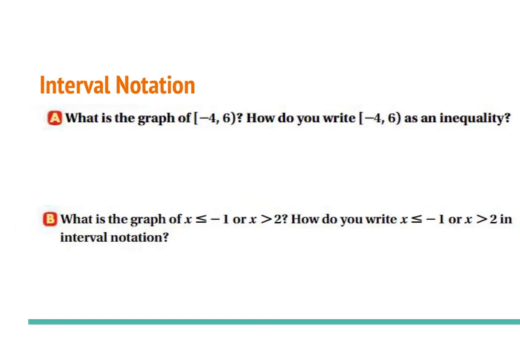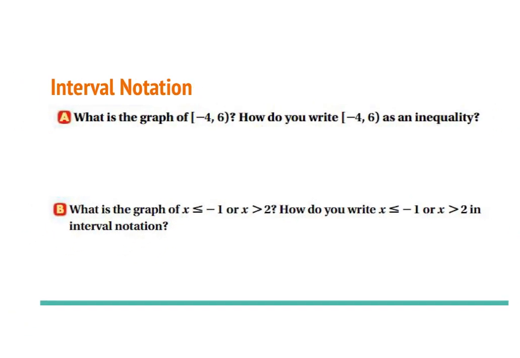All right, so we're going to go ahead and try one of these. What is the graph of [-4, 6)? And how do you write [-4, 6) as an inequality? Okay, so first off, let's graph it. Here is negative 4, here is 6. We know that our answer does not go to infinity, so we're not going to be shading any of the arrowheads.